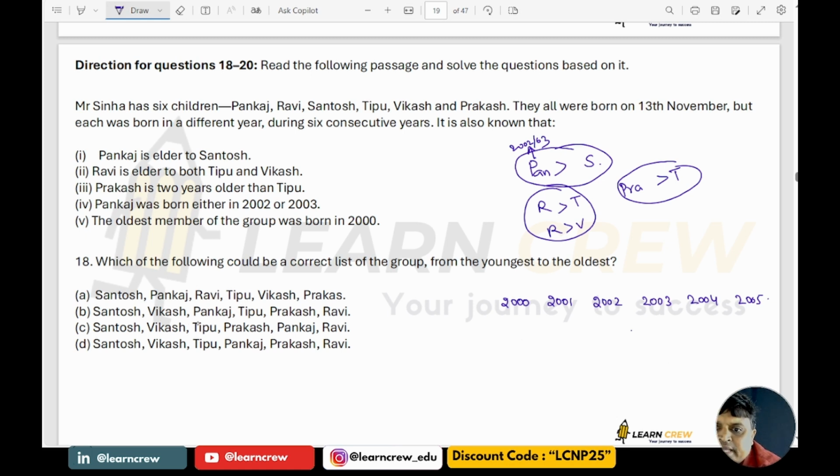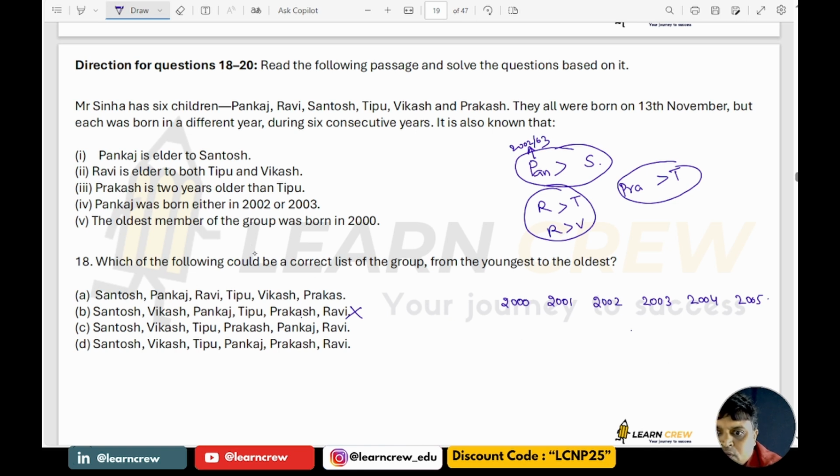So Ravi is elder to both Tipu and Vikash, which means we can eliminate option B, because here Ravi is younger. Which of the following could be a correct list of the group from the youngest to oldest?